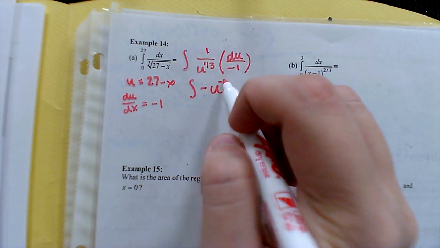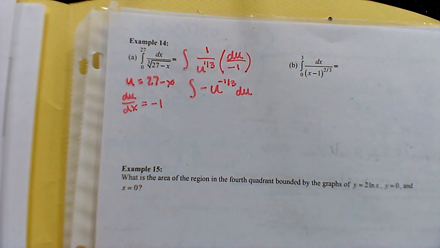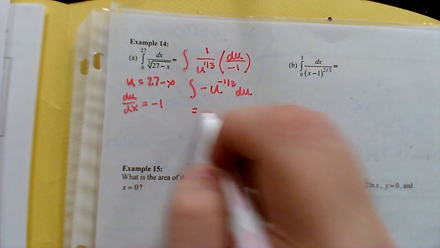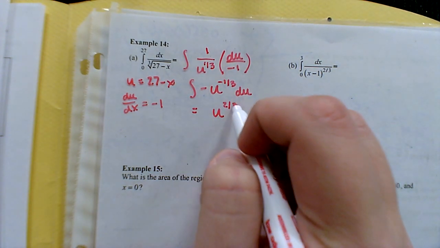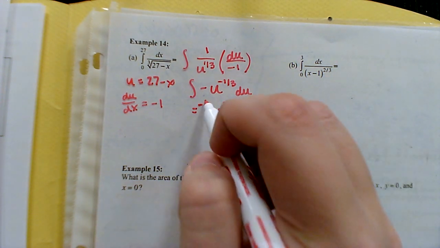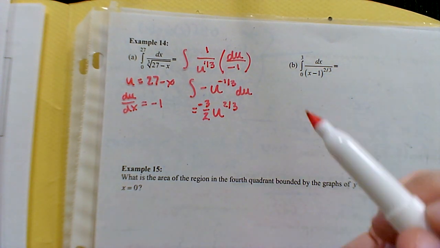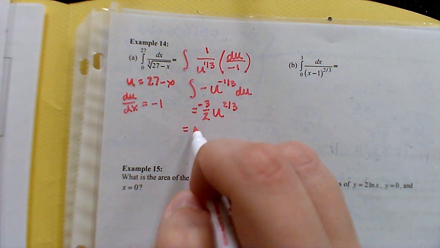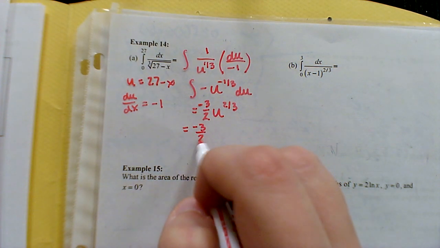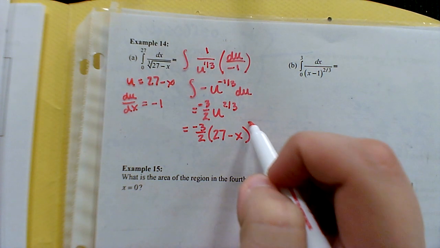So we have -u to the -1/3 if you want to bring it up so you can do reverse power rule. Looks good. So if we add 1 to the power, we'll have 2/3. Divide the coefficient by the new power, -3/2. And we'll go ahead and substitute in the u value.